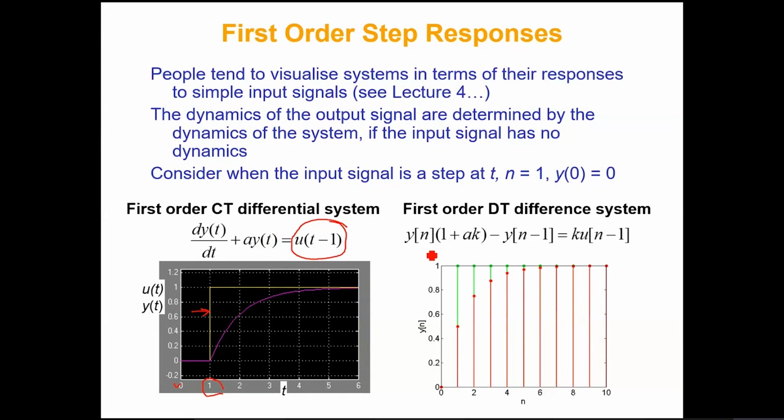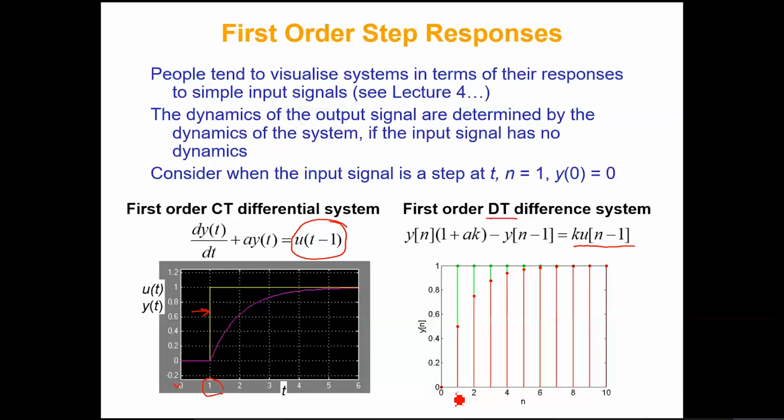Similarly, we can take a different discrete time system with a particular difference equation and give different types of inputs. Here the input x of n was some multiple of u of n minus 1. We know that u of n is basically the unit step, all ones starting from n equal to 0 going all the way to infinity, and shifted by 1 unit to the right. So it starts from 1 instead of 0.